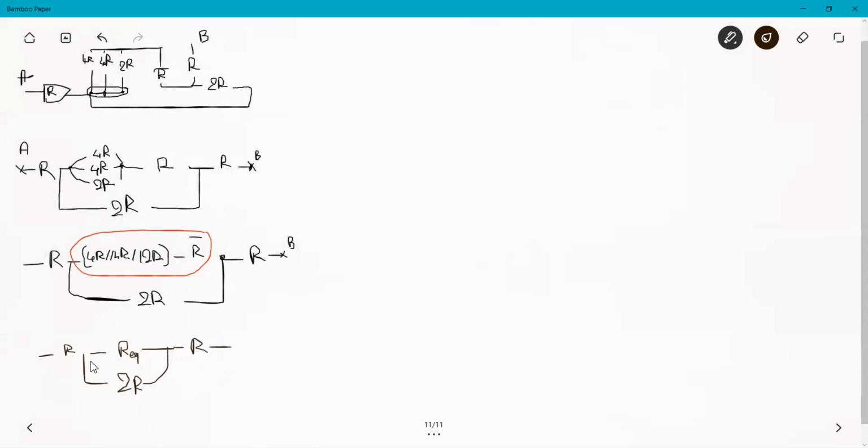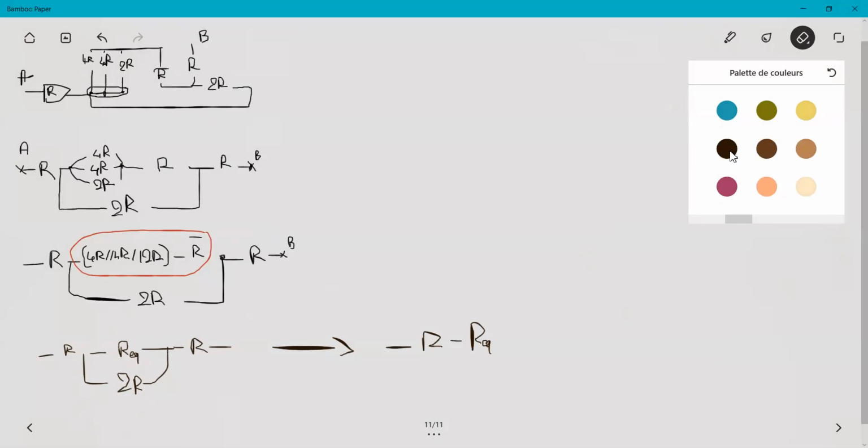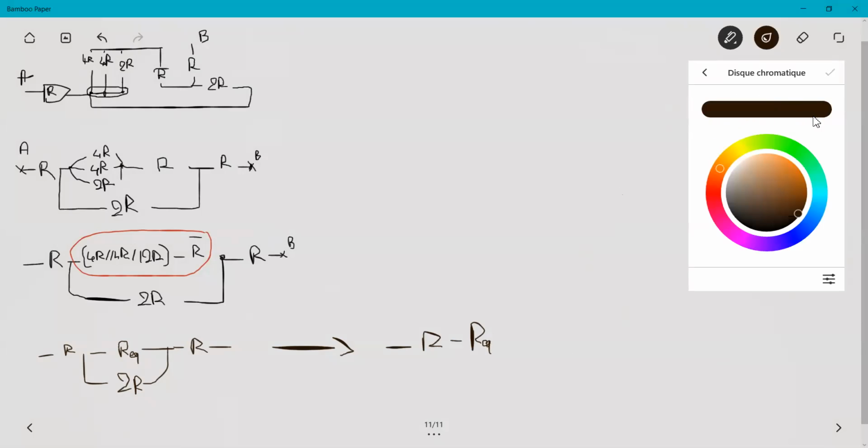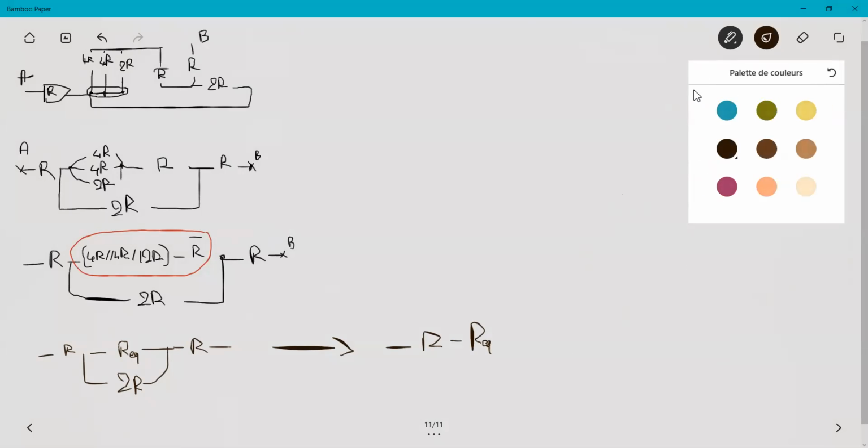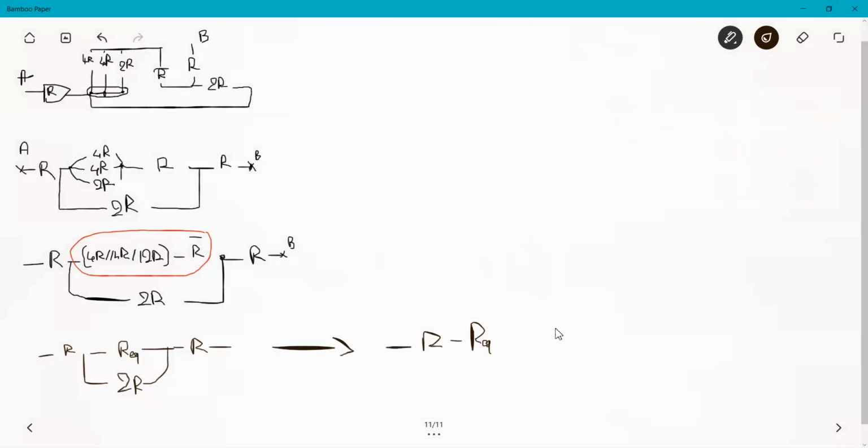Again, because of the simplification of your scheme, you can tell that these two here are in parallel. So again, next step, your R plus R Ec in parallel to 2R.